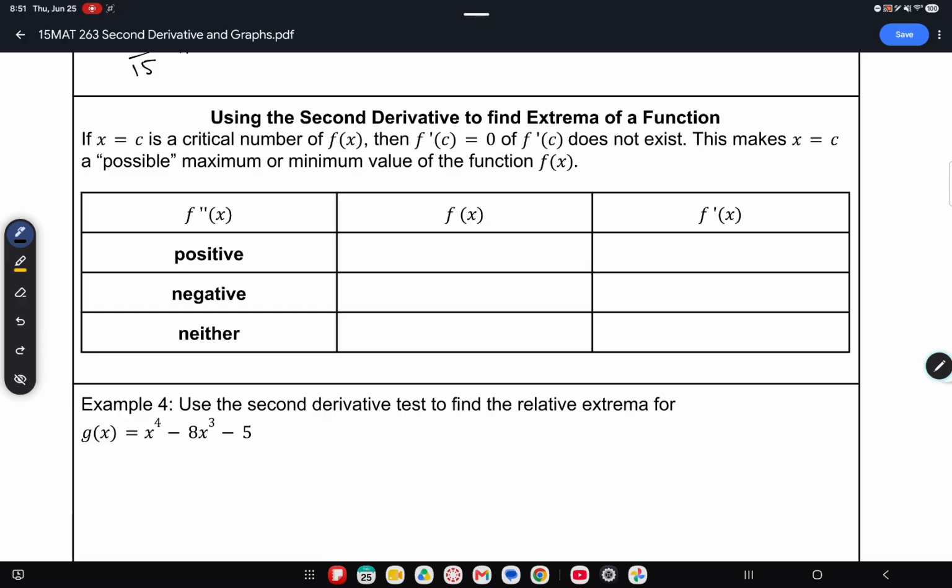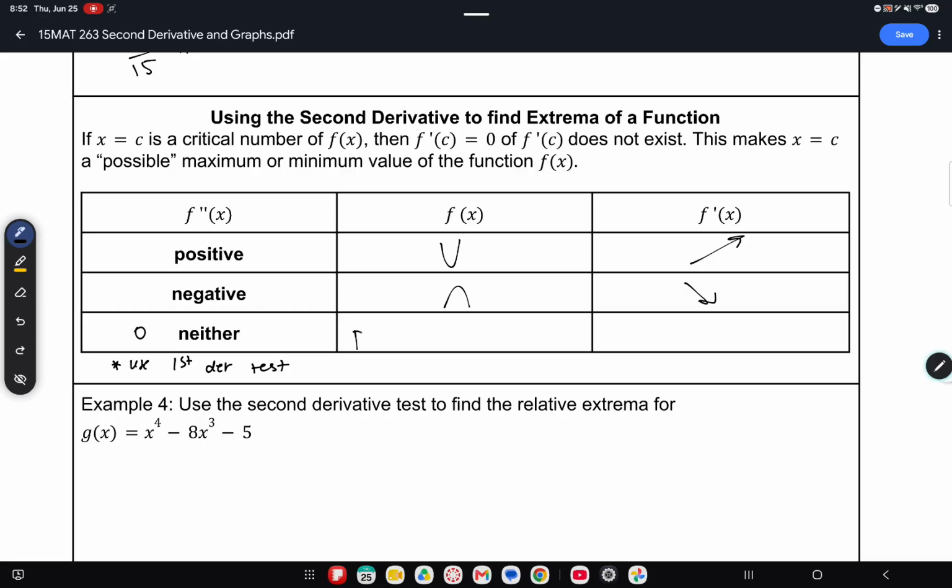So if the second derivative is positive, that means the original function is concave up. And that means the first derivative is increasing. If it's negative, we're concave down and decreasing. But if we're neither positive nor negative, so really that means we're equal to 0, then we would have to use the first derivative test to analyze.